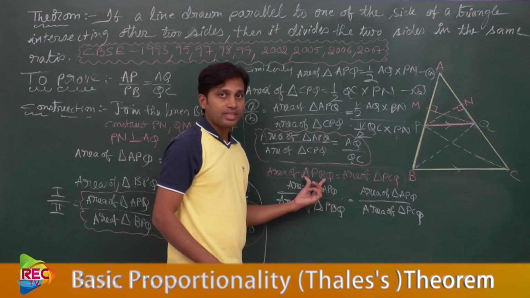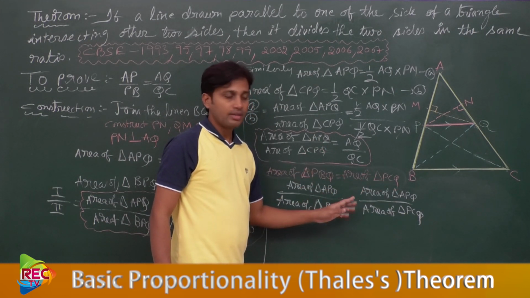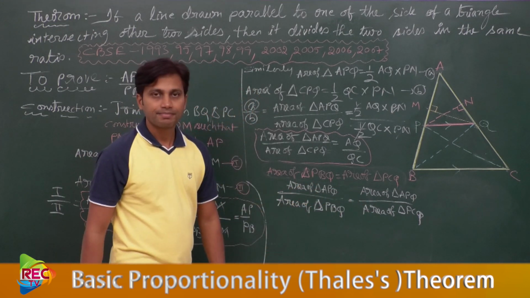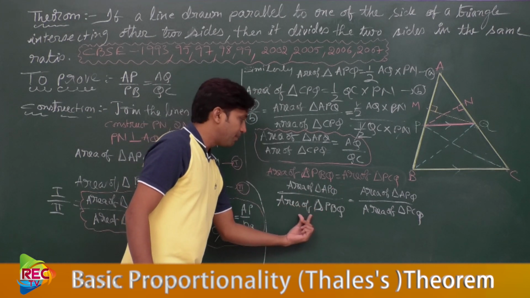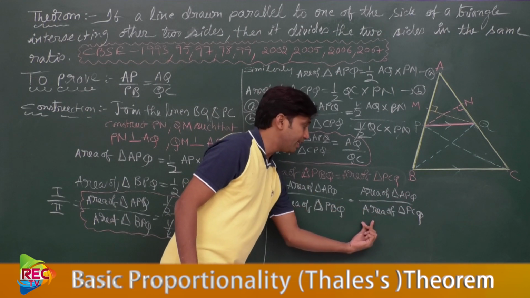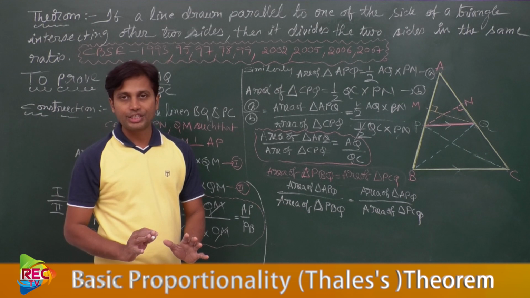Since we multiply with the same number on the numerator parts, the value doesn't change. So what did we obtain here? Area of the triangle APQ by area of the triangle BPQ equal to area of the triangle APQ by area of the triangle PCQ.